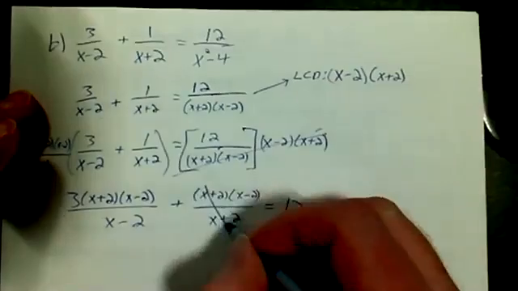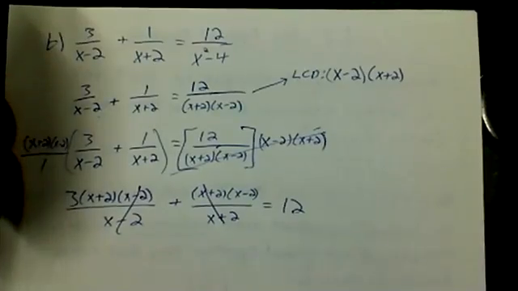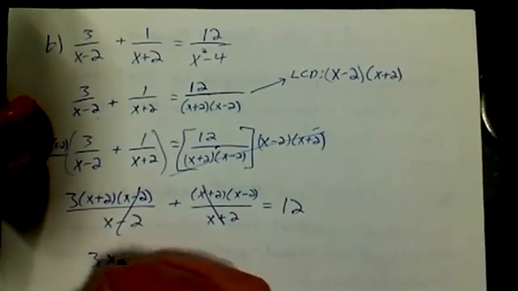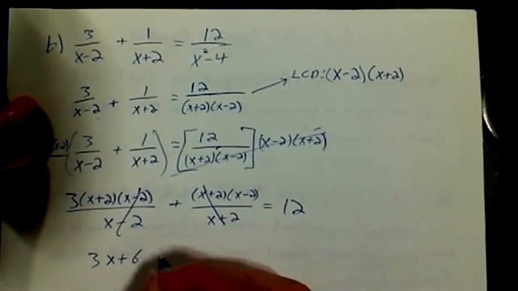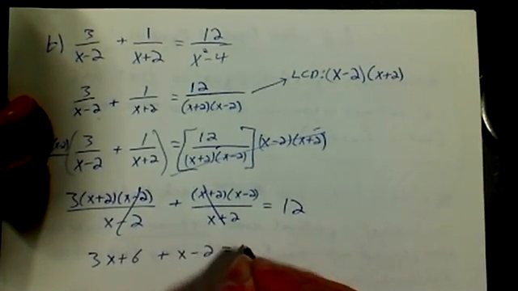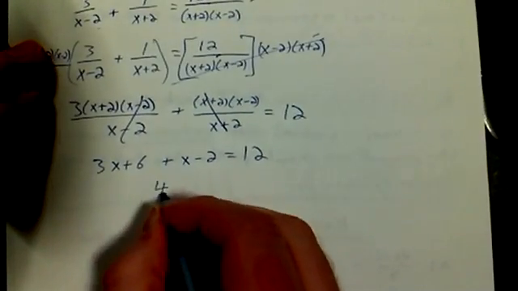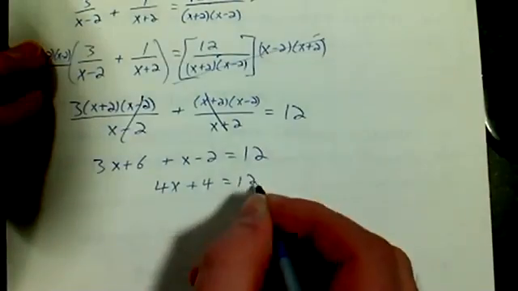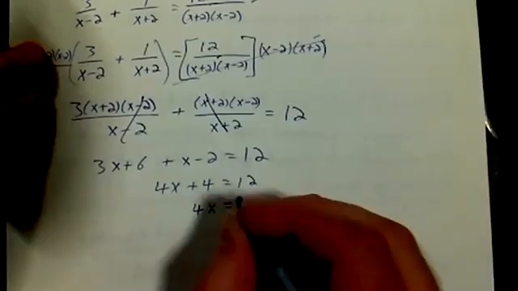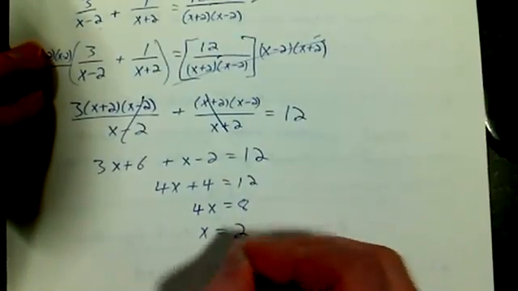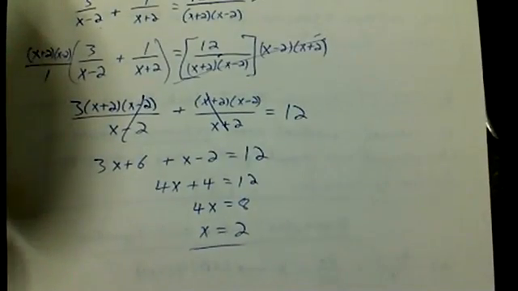Okay? X plus 2's cancel, x minus 2's cancel. I'm left with 3x plus 6 plus x minus 2 equals 12. This is a simple linear equation. 4x plus 4 equals 12. 4x is equal to 8. X is equal to 2. So that's what I think the solution is.